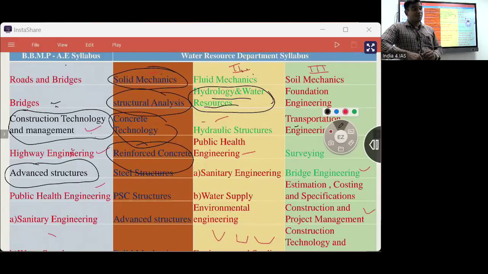What is the maximum speed of a train if it is broad gauge in India? One... They are adopting speed. Maximum speed I am asking. 160.